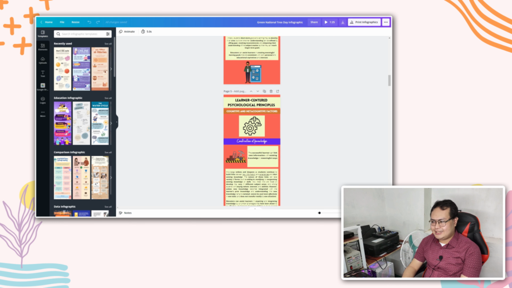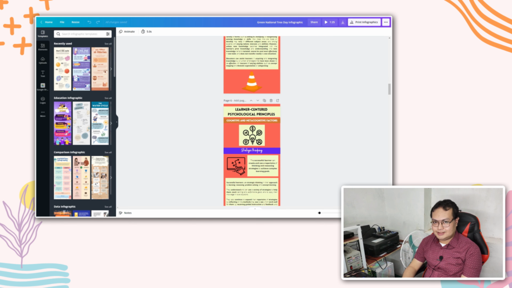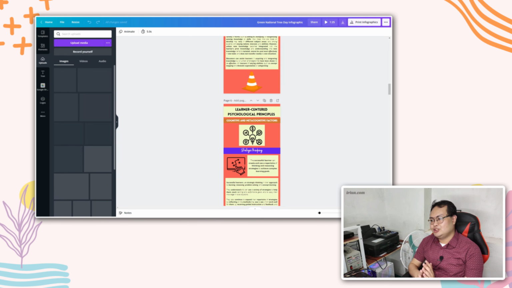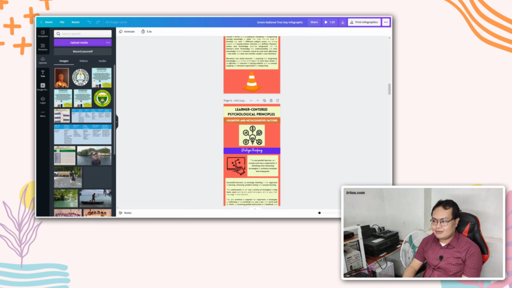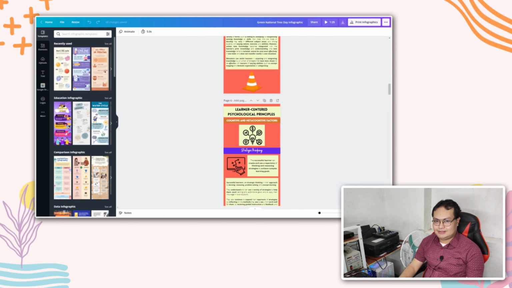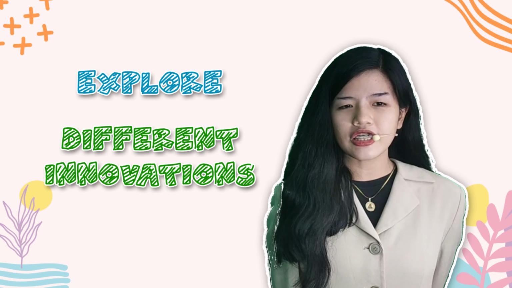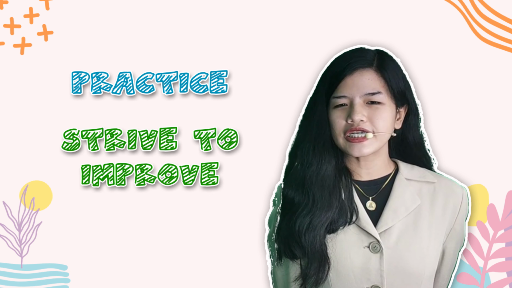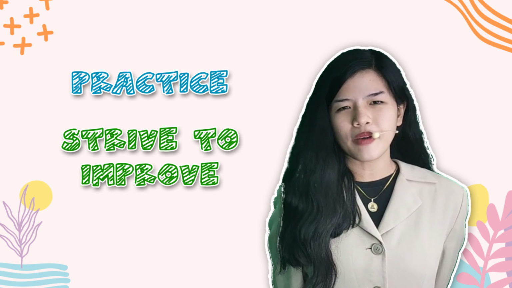And given that we as millennials and Generation Z are already in the technological revolution, we can explore its functionalities and related aspects. That's correct! I know that when we are given the chance to explore, we can make different innovations in our creativity. We just practice everything first and strive to improve as time goes by.